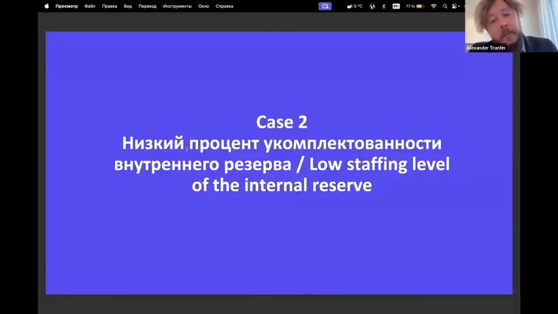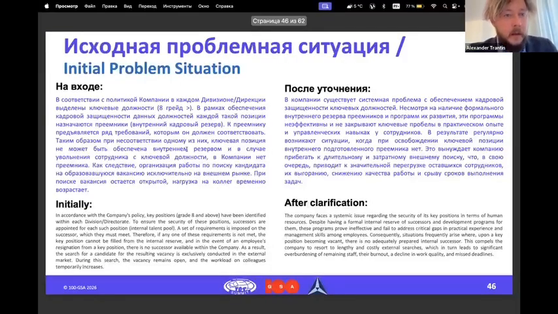Case 2 is connected to the low staffing level of internal resource. It was quite a painful issue for us. The nature of this issue is that for some positions, quite high positions, very often we do not have the right person who can take this position.